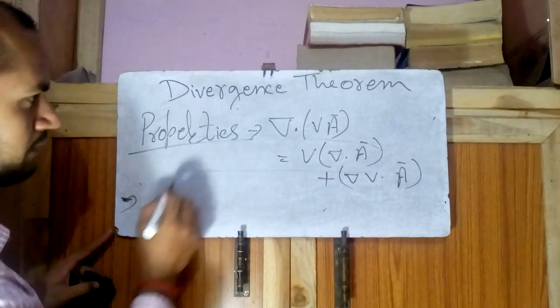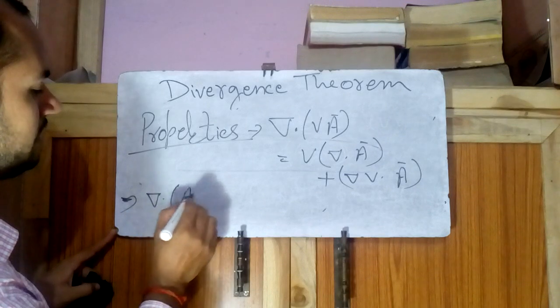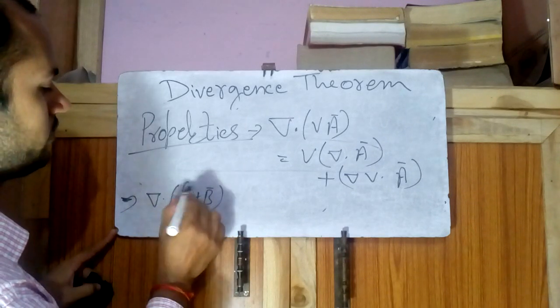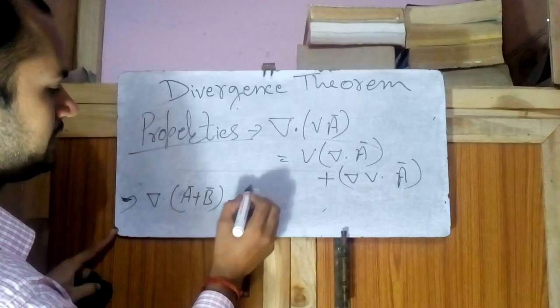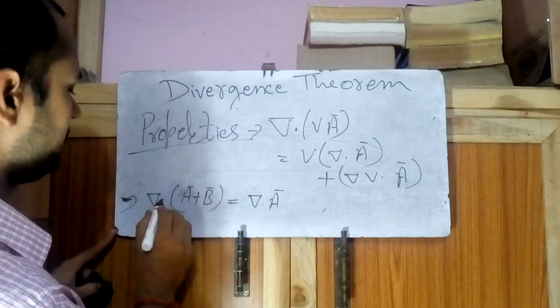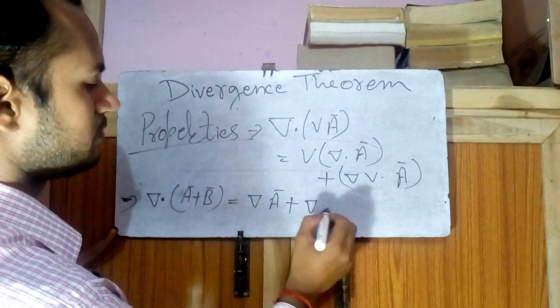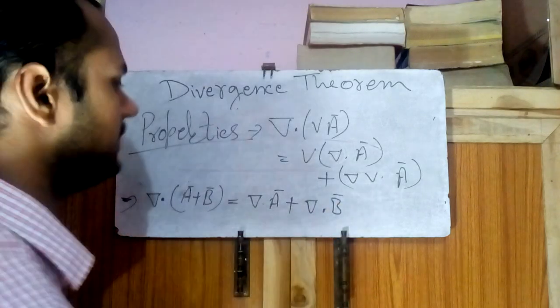Second property, del dot (A plus B), addition of two vectors, then that will be equal to del dot A individually and then sum del dot B, right?